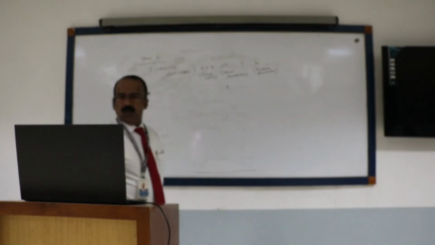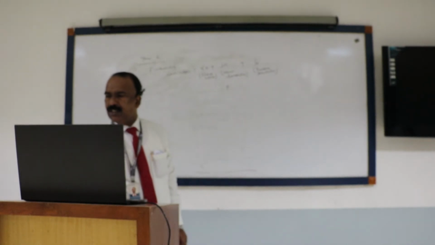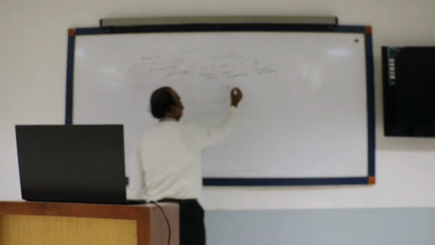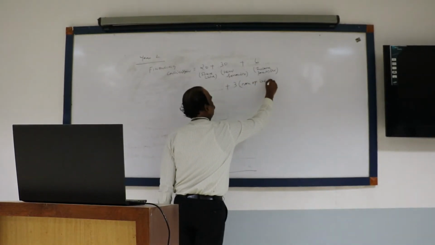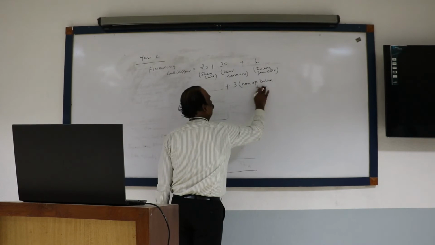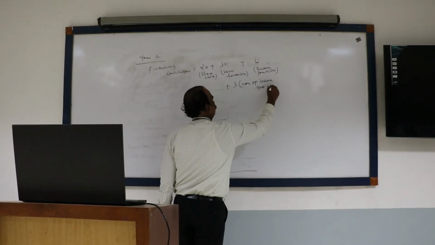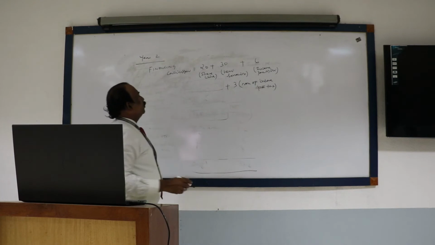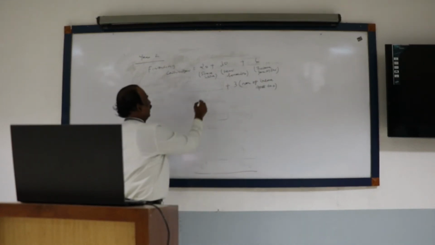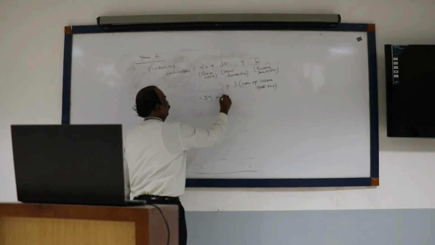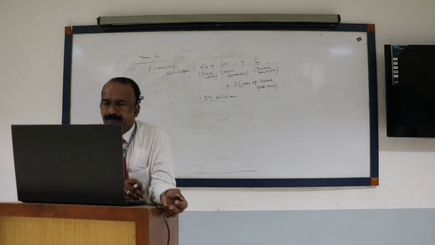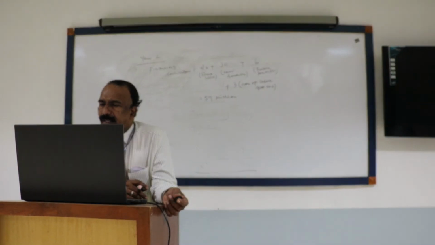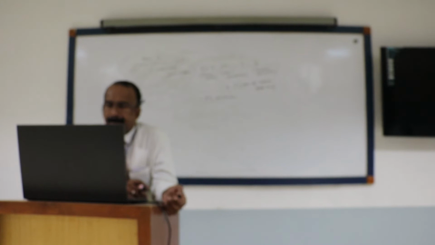Plus we have non-operating income, that is 5 minus 2, that is 3, post tax. So 56 plus 3, 59. 59 million. Is that clear, all of you? Any clarification, anybody?